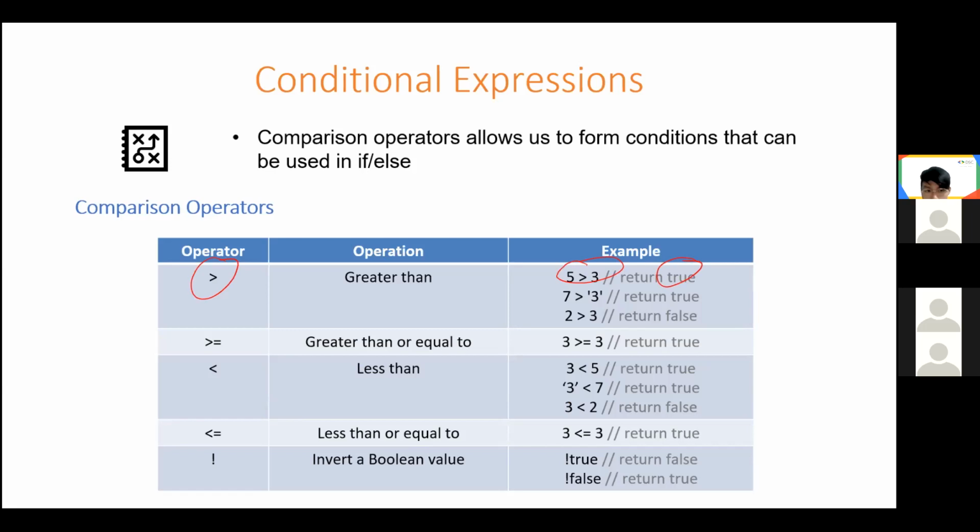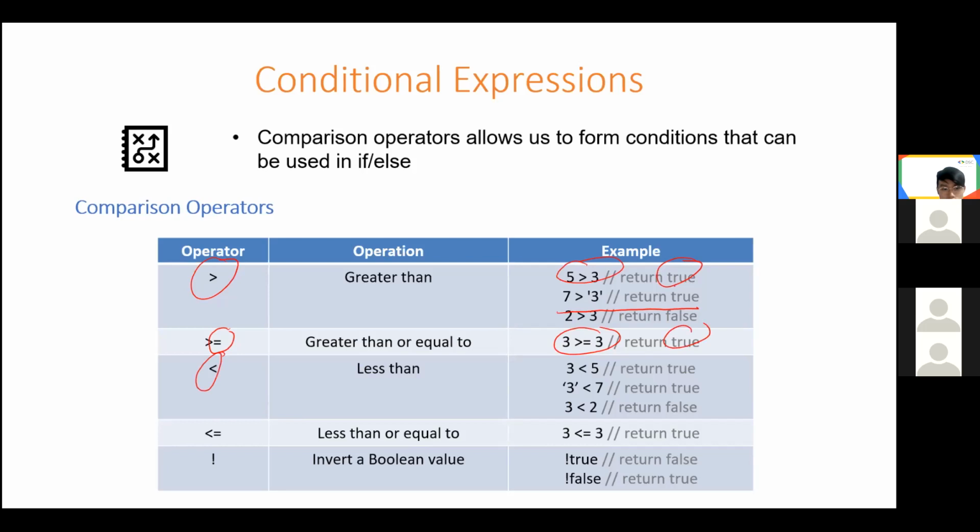Greater than, greater than or equal, or any other operator in this slide will do type coercion. So if you see here, you will return true. For greater than or equal to, we add this equal sign at the back. In this example, we're testing if 3 is greater than or equal to 3. Since 3 is equal to 3, we return true.